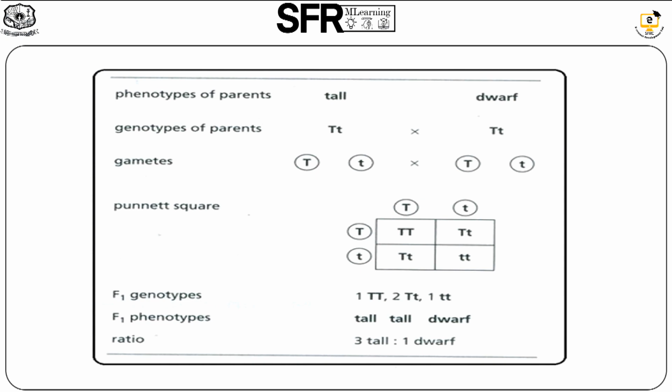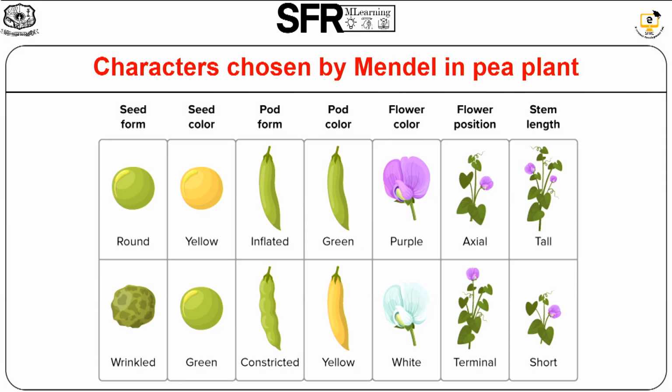In that generation we also get tall characters, and only one character is dwarf. So the F2 phenotypic and genotypic character is tall to dwarf in a 3:1 ratio. Three are tall and one is dwarf. These are the characters chosen by Mendel in pea plants.